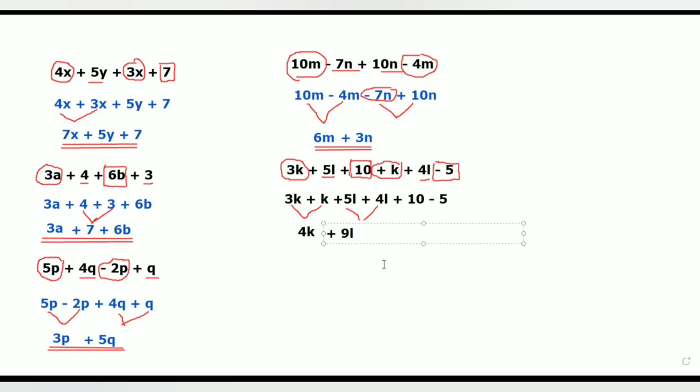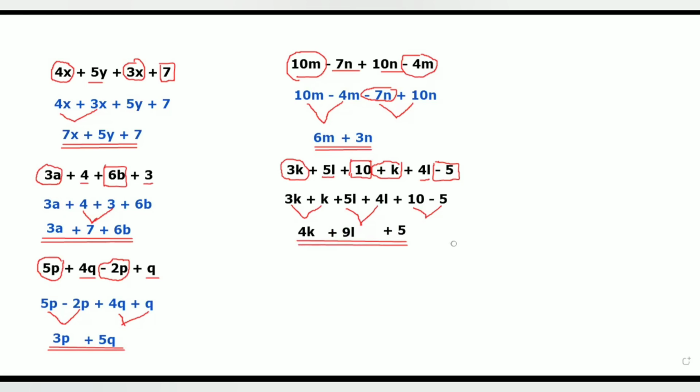Next we are left with plus 10 minus 5. We have to subtract 5 from 10, very simple. The sign of the biggest number is plus. 10 minus 5 is 5. So for the third one, you get the answer as 4k plus 9l plus 5.